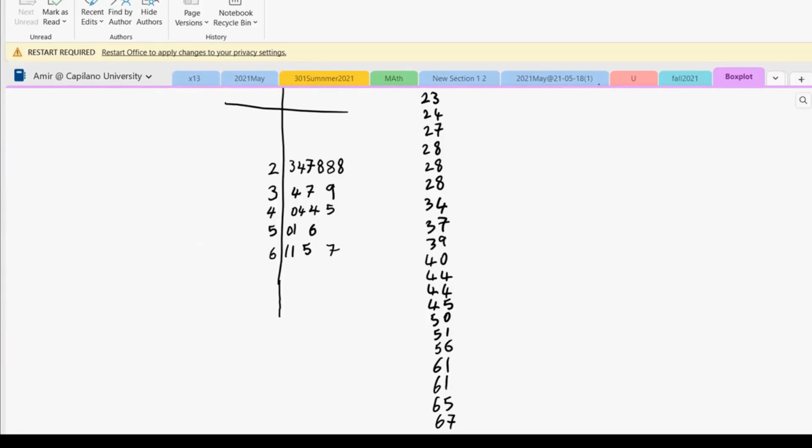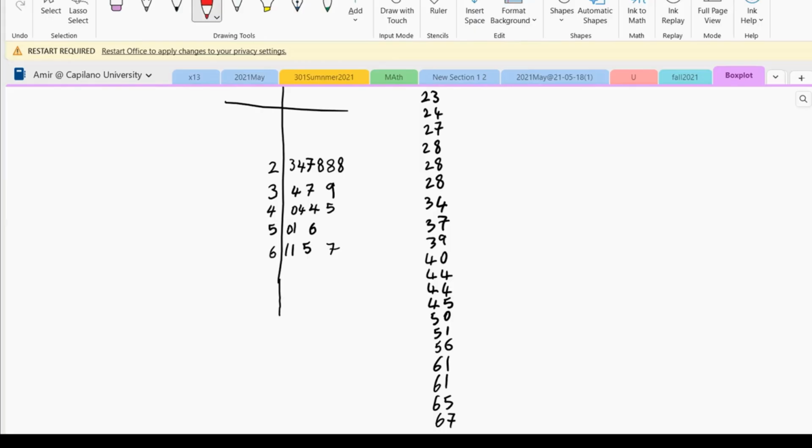The first thing that we want to do is to identify the central tendency, but we want to present the central tendency that is median. Okay? To find the median, we have to use the formula that gives us the location of the median.